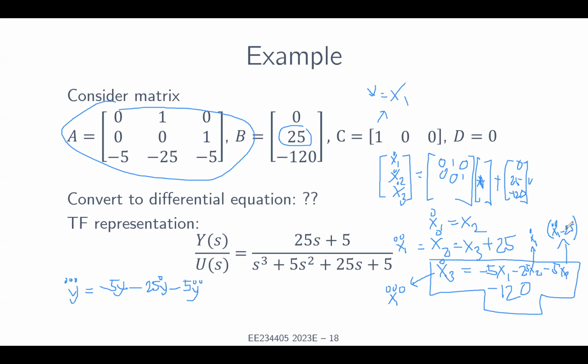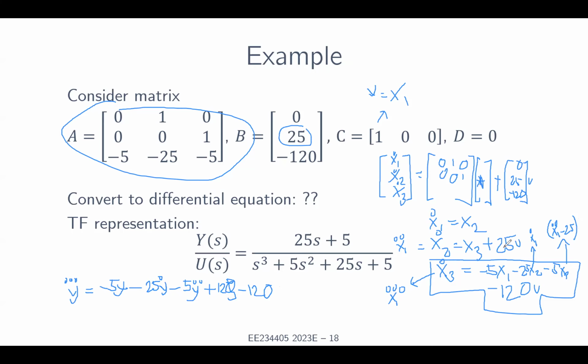Also, you have this multiplied by minus 25, which means plus 125, and this is 125 minus 120, right? Sorry, this should be u, and this should be u as well.